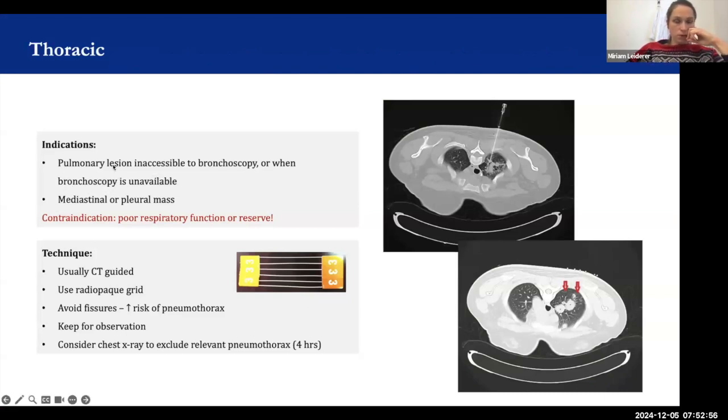So indications for thoracic biopsies: pulmonary lesions, if they're inaccessible or less accessible to bronchoscopy, or if bronchoscopy is just unavailable, and also for mediastinal or pleural masses. A contraindication specific to chest biopsies, or to lung biopsies actually, is if there's poor respiratory function or reserve.